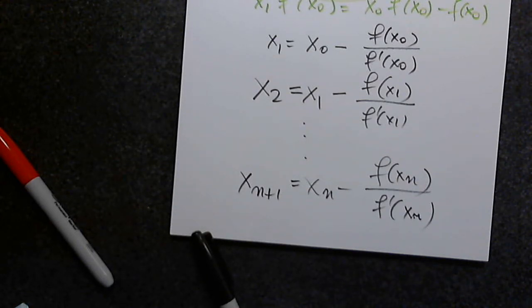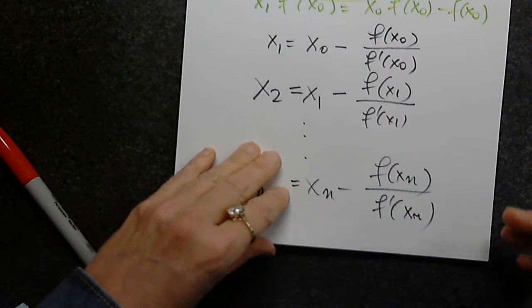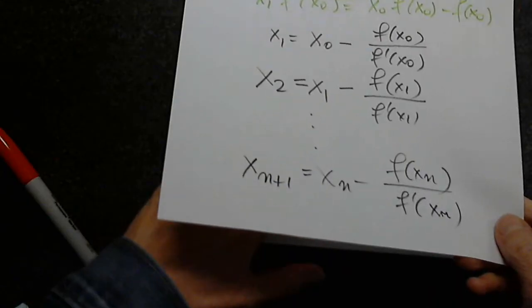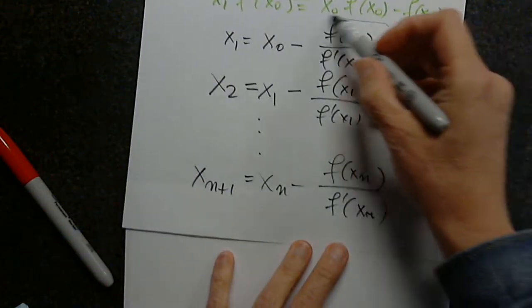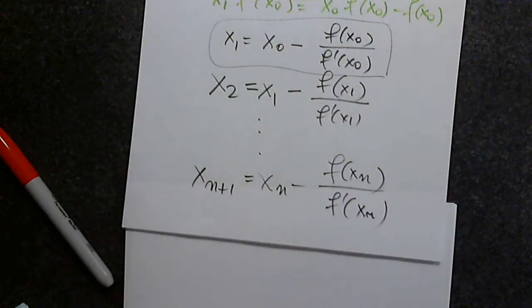Okay, there are two things here that we have to mention. You cannot choose an x0 or x naught. Look at this expression and say, I know. I cannot choose an x0 that does this.